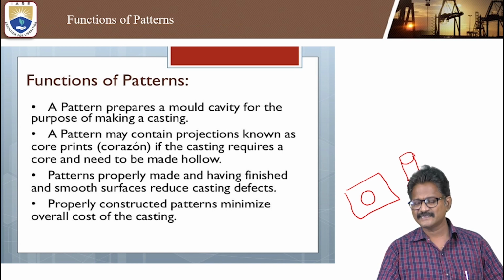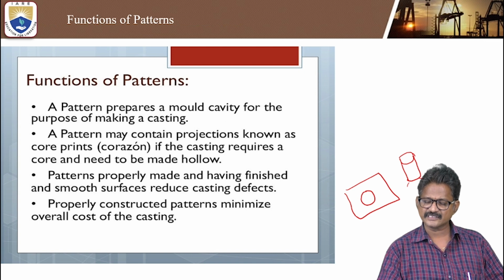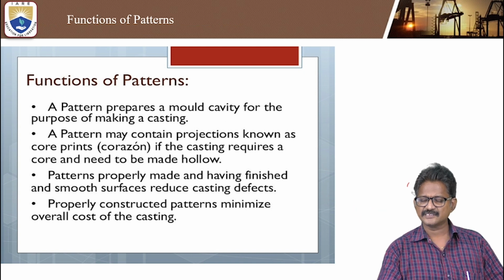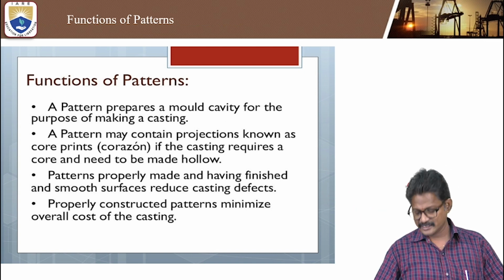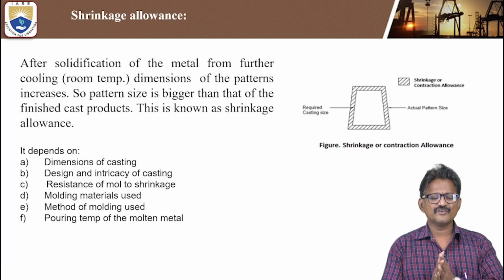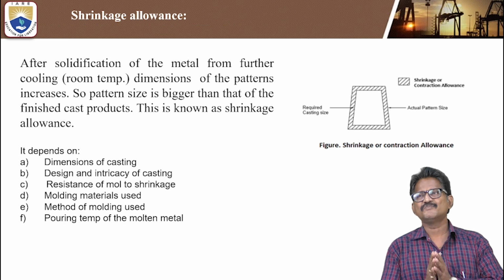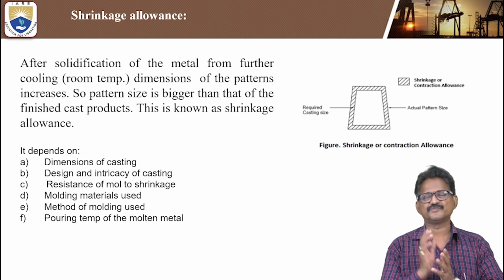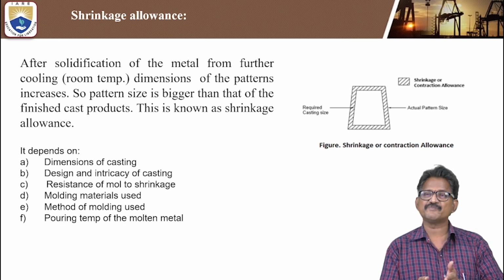And now let us see how we can discuss the shrinkage allowance. So all metals will shrink except bismuth, whether ferrous or non-ferrous or ceramic, any type of material.